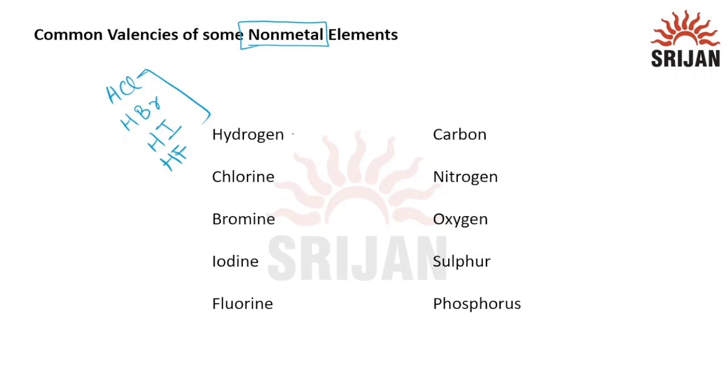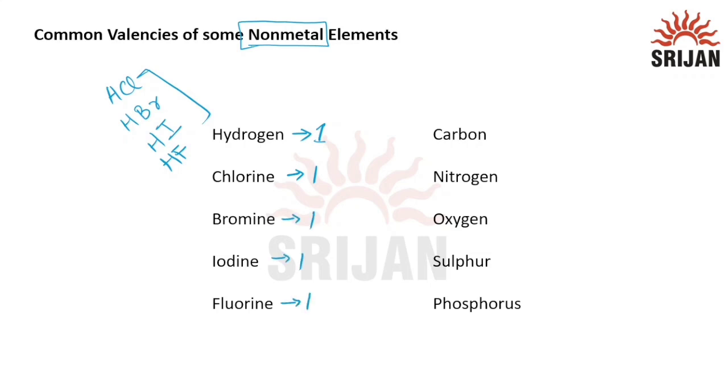So in all the cases, the common valency of hydrogen is 1, and fluorine, chlorine, bromine and iodine are all bonded with only one hydrogen. Therefore, the valency of chlorine, bromine, iodine and fluorine is 1.